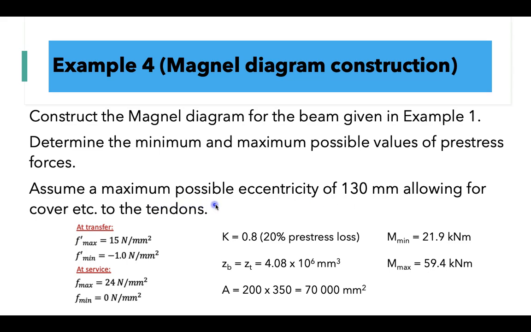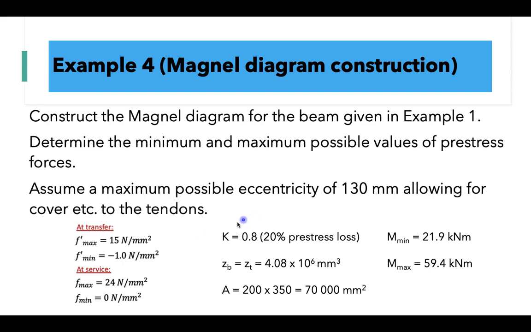This maximum possible eccentricity can actually be calculated by taking the distance from the centroid of our section to the bottom part, or to the center of our tendons. From there, we will be able to calculate the possible maximum eccentricity.